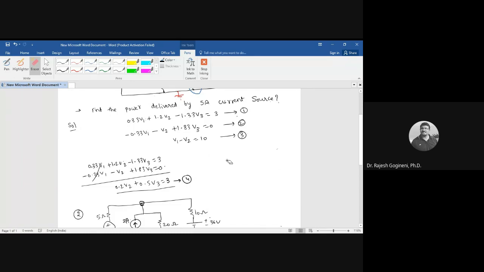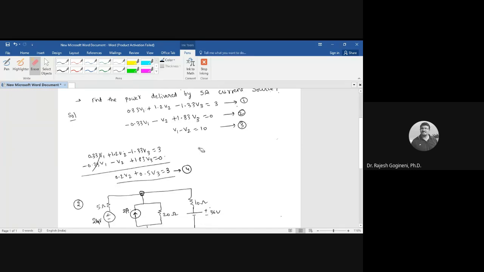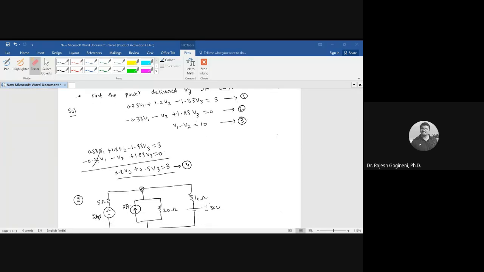Equations are the same. First equation is 0.33 V1 plus 1.2 V2 minus 1.33 V3 equals 3. One more equation is minus 0.34 V1 minus V2 plus 1.83 V3 equals 0. V1 minus V2 equals 10. Equations are right, but in the calculation there might be some mistake.